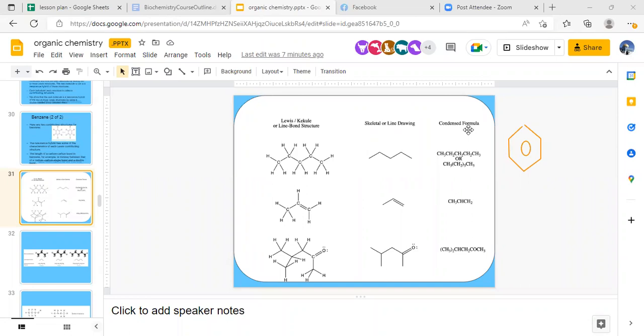In other books, it's called partially condensed. We combine the hydrogens into one carbon, so instead of drawing this, we have only CH3 that will represent this. So CH3, CH2, CH2, CH2, CH3. Okay? So that is the condensed formula.